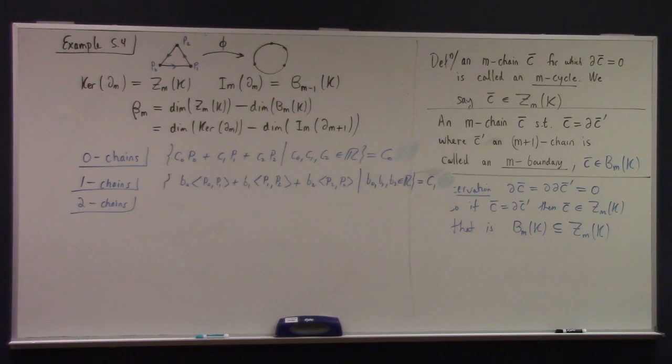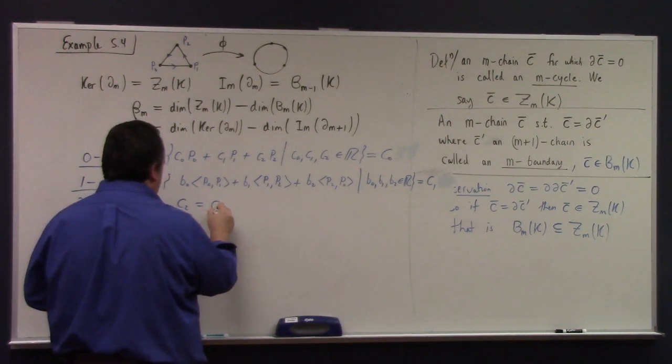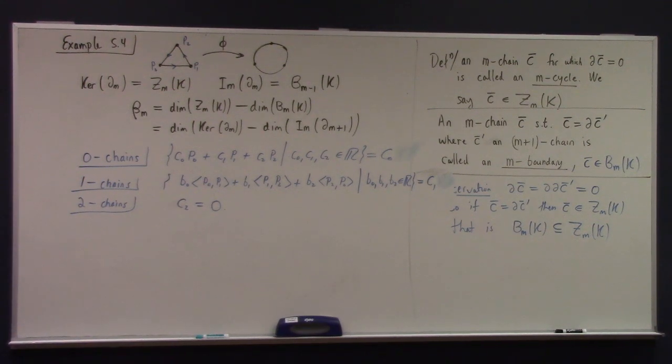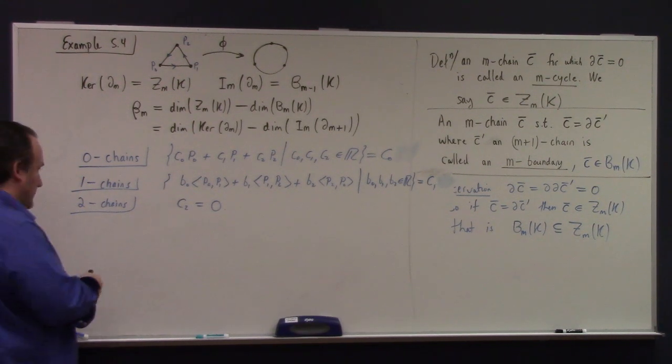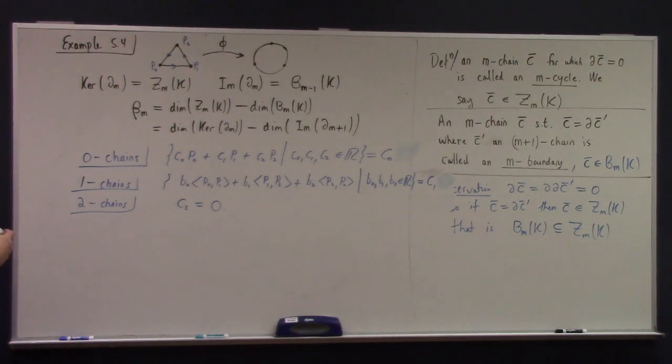There is no two chain. So C2 here is big fat 0. So in this example, both 0 chains and 1 chains are three-dimensional. They're both three-dimensional vector spaces.